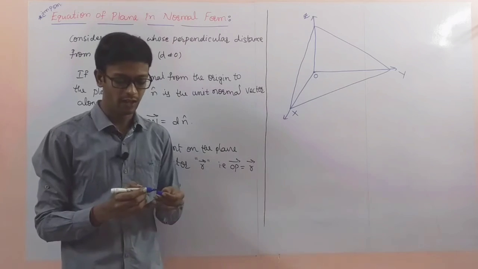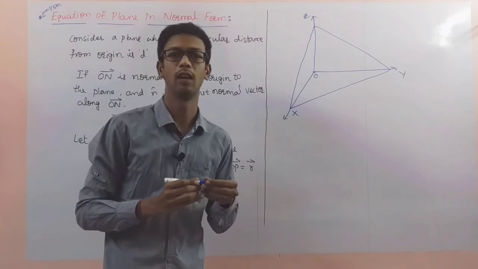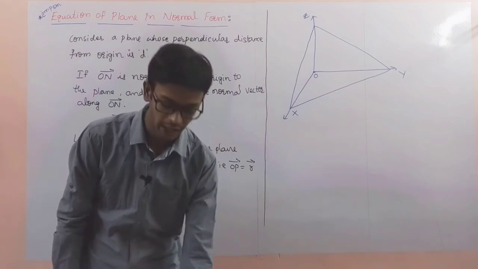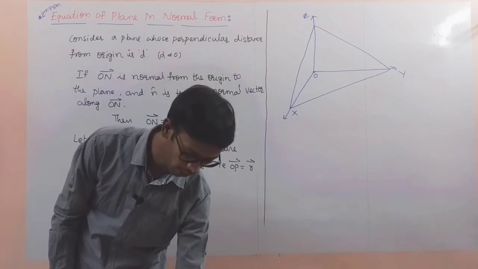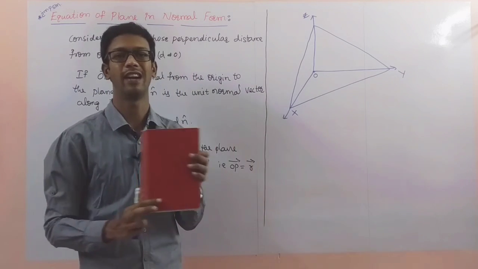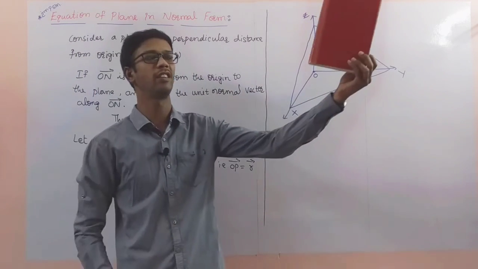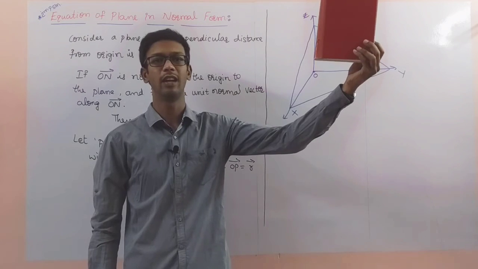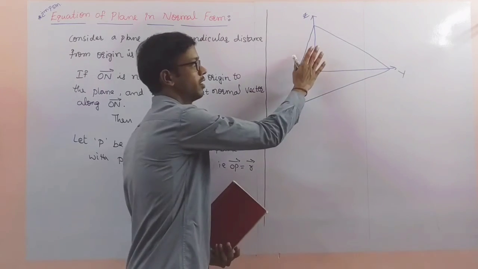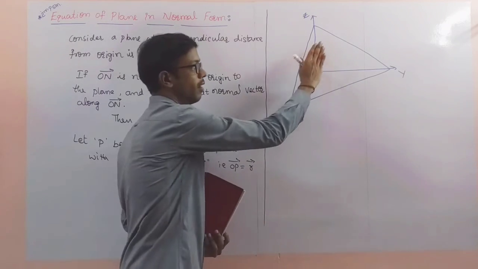Actually we draw the plane on the board, but it is not on the board, it is outside the board. If you assume this is the plane, actually the plane is here. We can't draw the diagram outside the board, so that's why we are just placing it here.